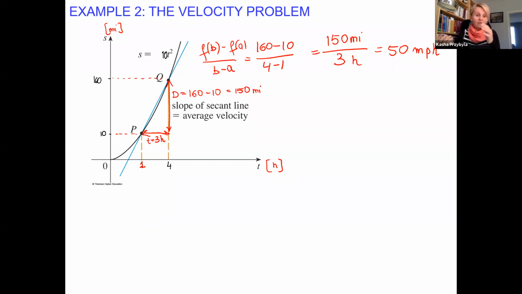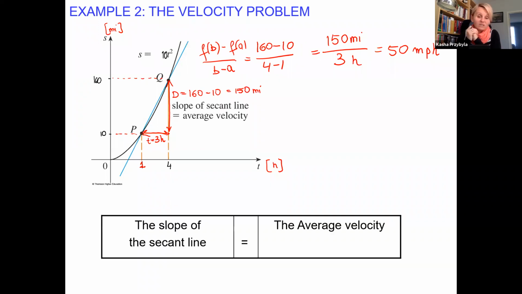Okay? A, b, f of b, f of a. The same idea. And I typed this: the slope of the secant line is just the average velocity, if we have distance on the y-axis and time on the x-axis. Or I can say just the general average rate of change.